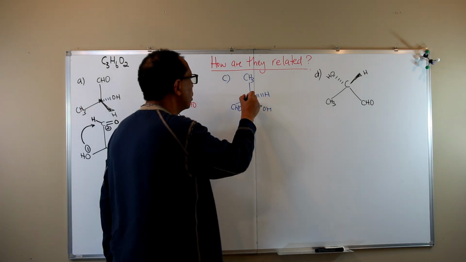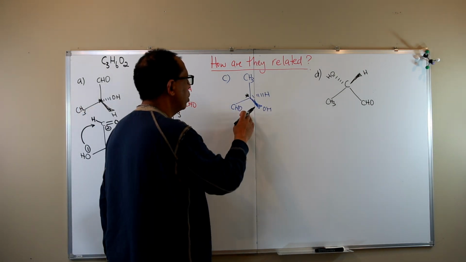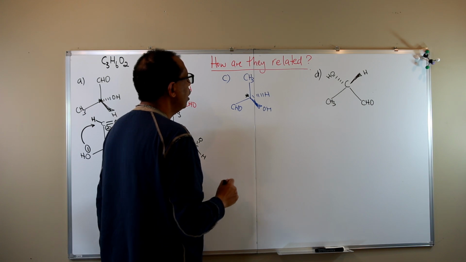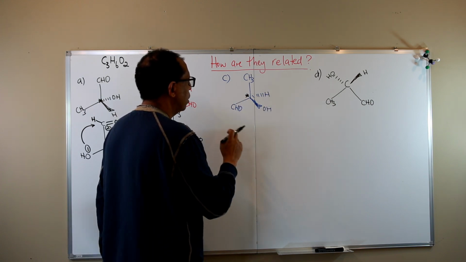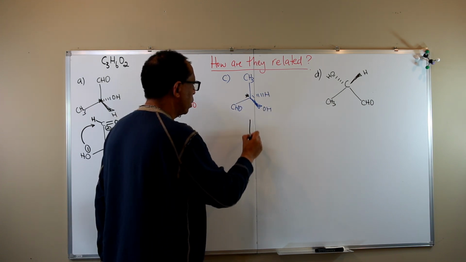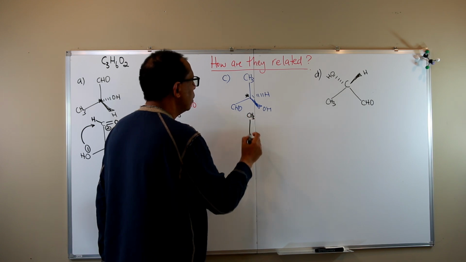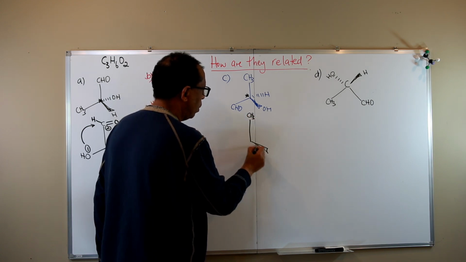Now coming to this one, we are just looking at this molecule. Hydrogen is at the back, so this redraw would give us CH3, OH.